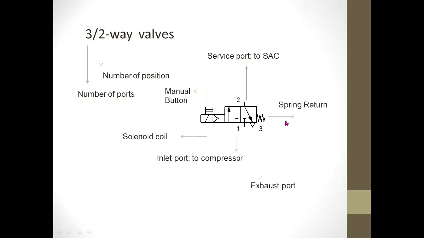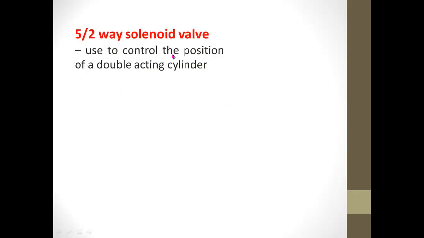There are three ports: the service port, the inlet port, and the exhaust port. Here comes the solenoid valve that is used to control the position of a double acting cylinder. For a double acting cylinder, we use the five two-way solenoid valve.